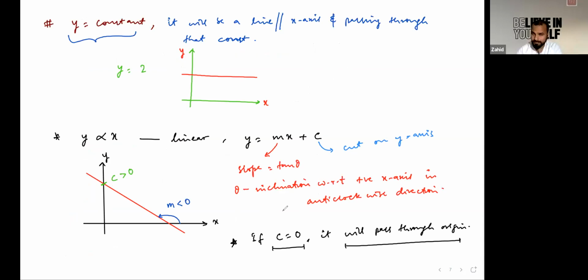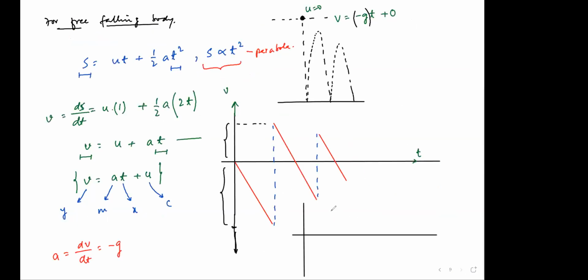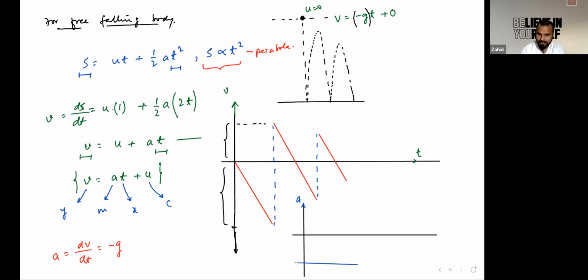Yes, sir. Similarly, a is a constant term, so it must pass parallel to the opposite axis and through that given coordinate. So it will be like this. Is it clear? Yes, sir.